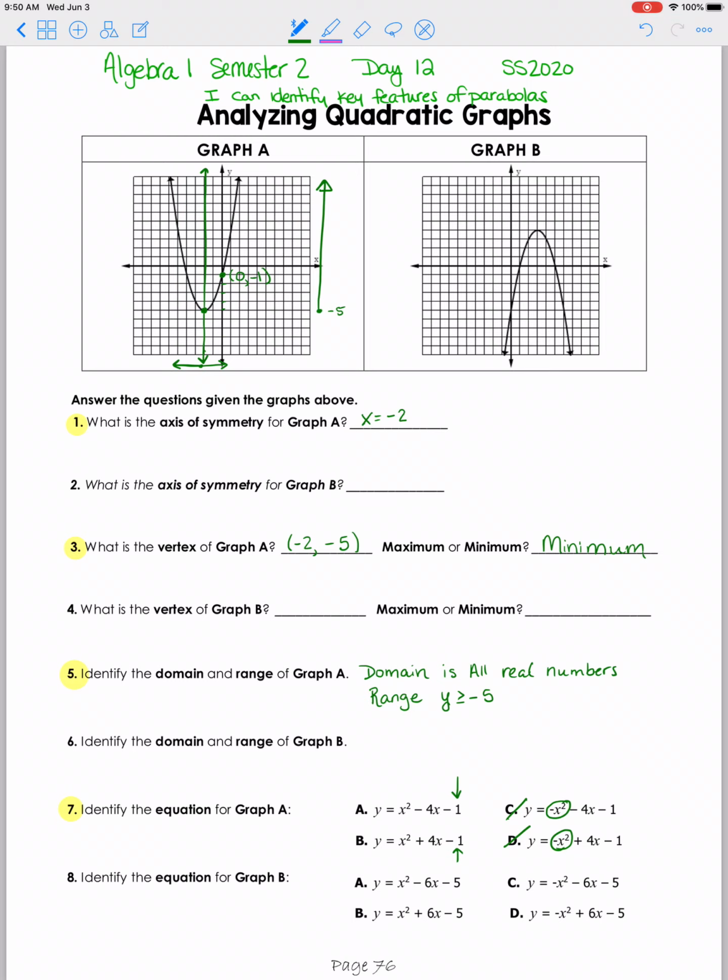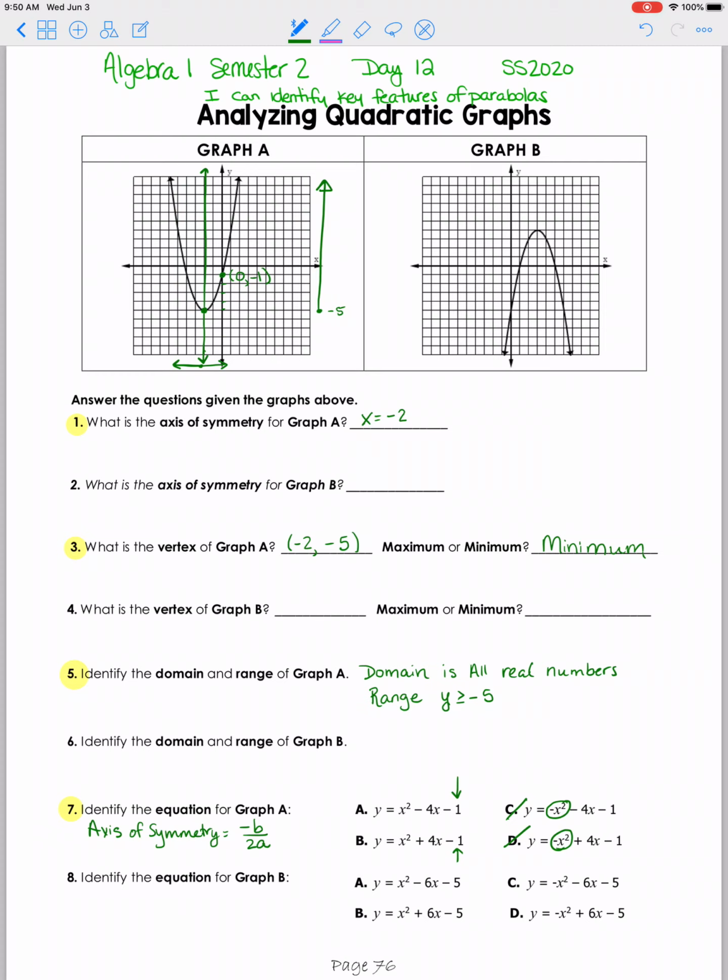There are a couple of different ways we can get there. I would probably think the easiest way is to use the axis of symmetry equation to figure out our answer. Remember that this is where we took the opposite of b divided by 2a.